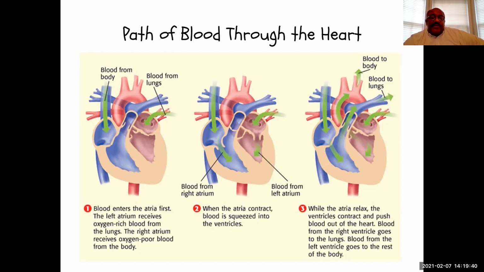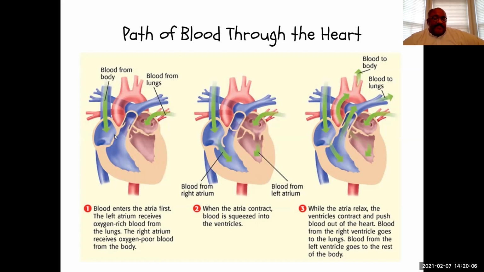Both of these veins come together in the right atrium. Where you see blue, that's for deoxygenated blood, as we talked about last time. The superior and inferior vena cava meet and dump the deoxygenated blood into the right atrium.